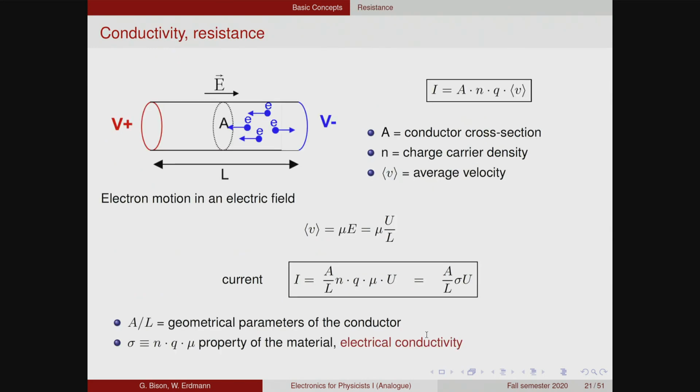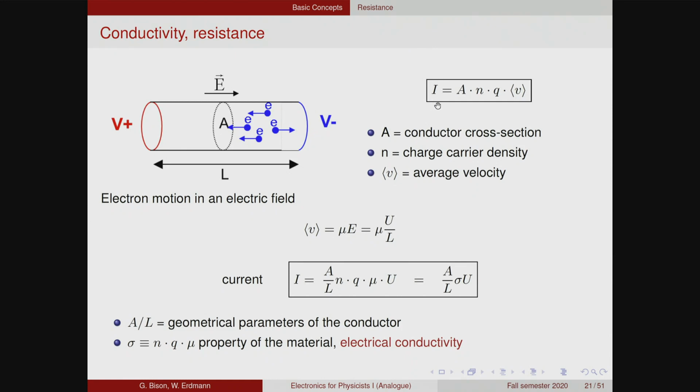Okay, now from this concept that a voltage difference leads to an average drift velocity of our charge carriers, we can compute the resistance of a certain conductor.